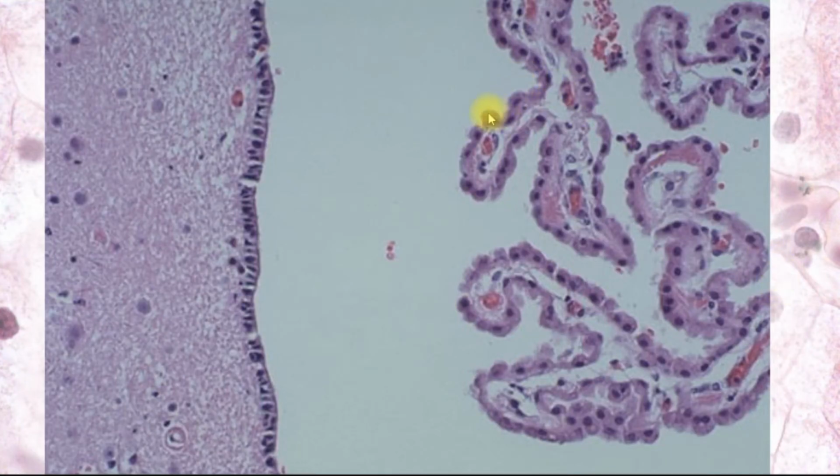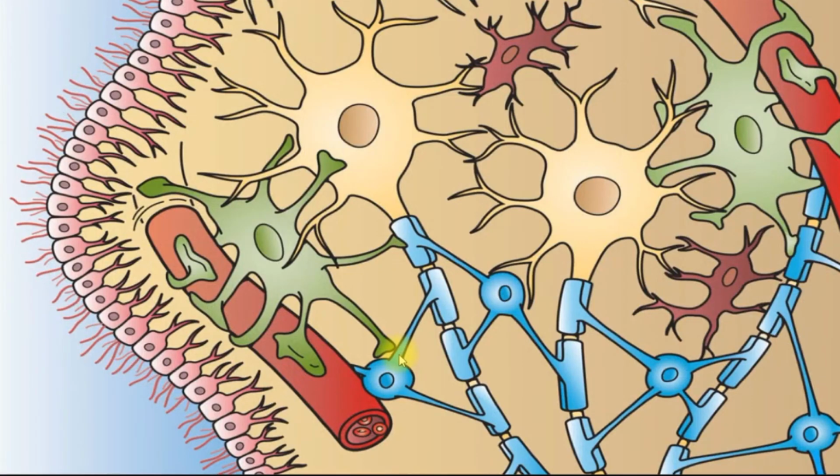And here we can see a microscopic slide, which shows us the structure of typical ependymal cells. And at the choroid plexus there are capillaries with blood, and they are covered with special ependymal cells. They provide filtration of blood plasma and synthesis of cerebrospinal fluid.